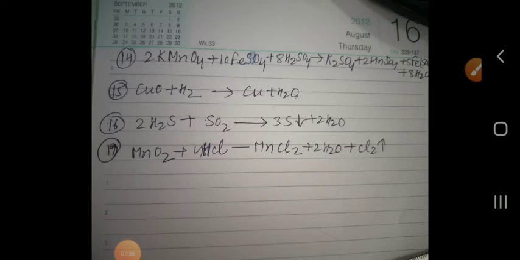So we will see here that the products are K2SO4 plus 2MnSO4 plus 5 Fe2(SO4)3 plus 8 H2O. So these are the products formed here.